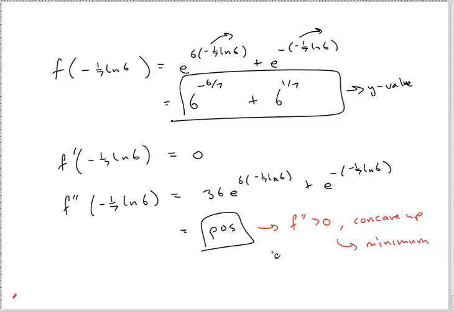And so this value here is a minimum. This right here is the actual minimum value. Like if they say, what's the minimum value? There it is. You don't simplify, it's done. You don't have to do anything else.